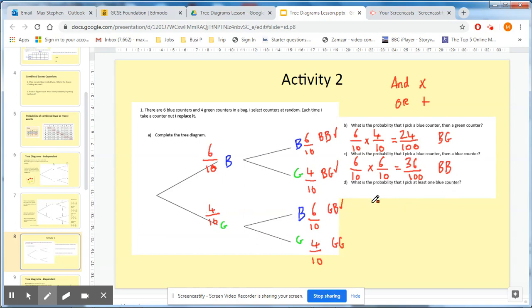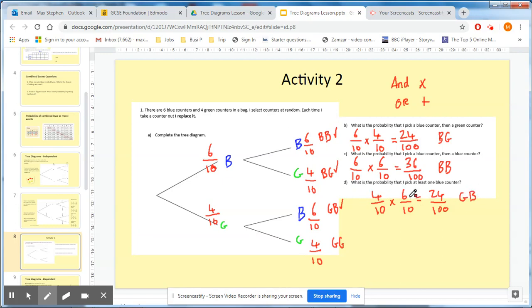And as you can see from here, that's going to be 4 out of 10 for green and then blue. So it's going to give me 24 out of 100 again. So that is exactly the same as for blue and then green. Green and then blue, 24 out of 100.